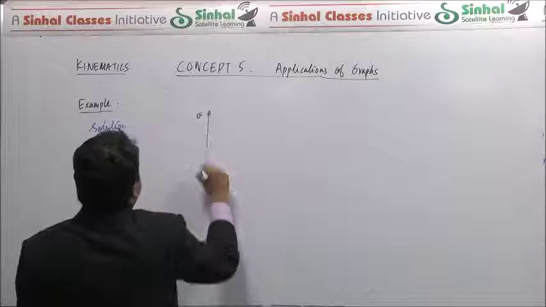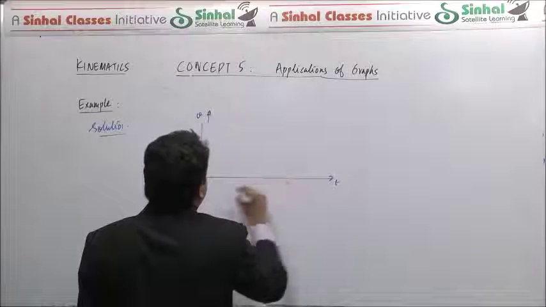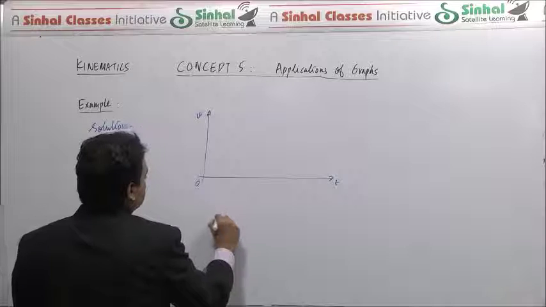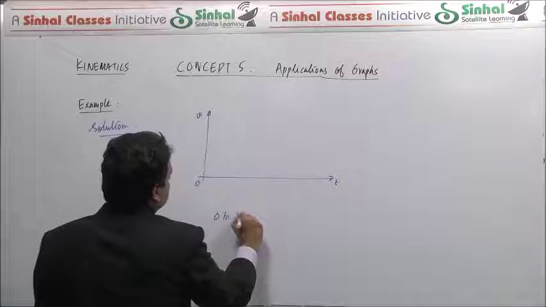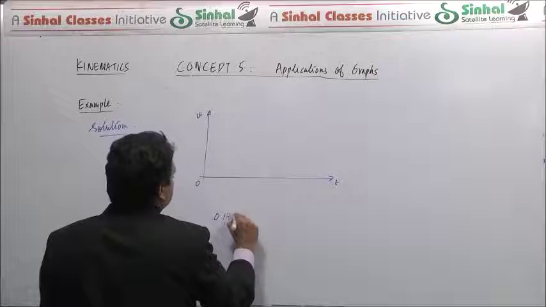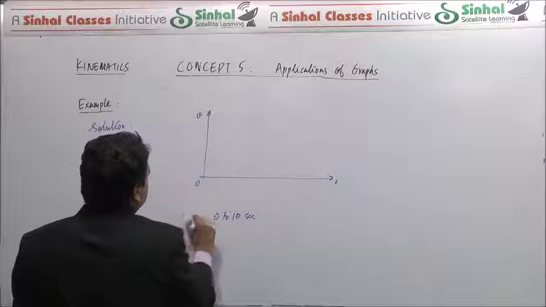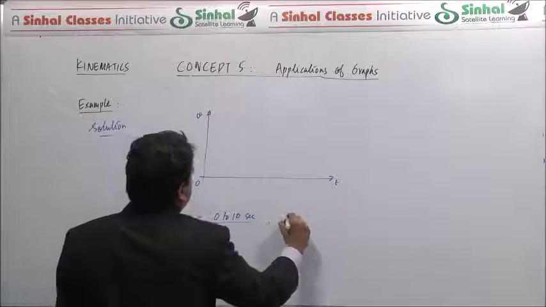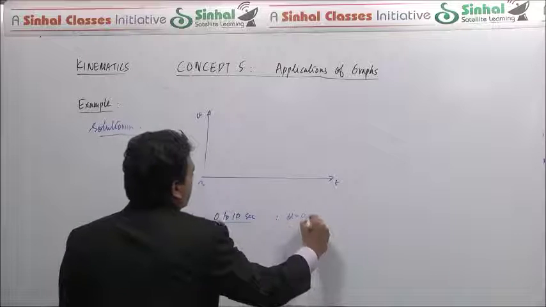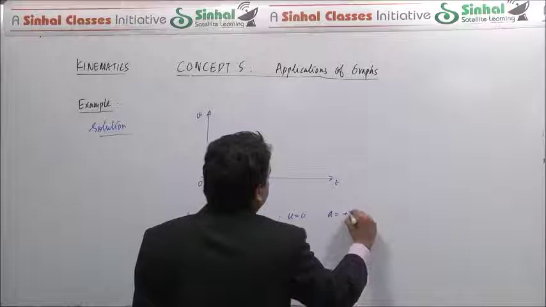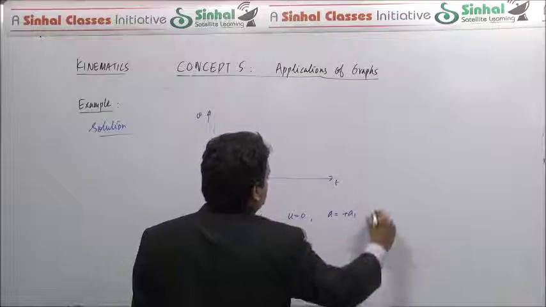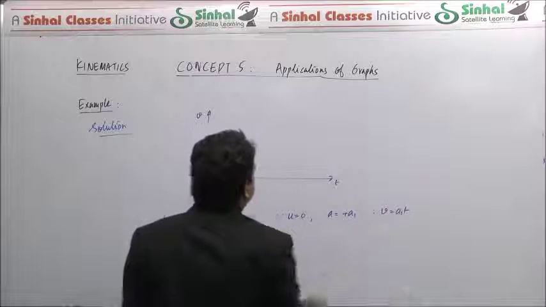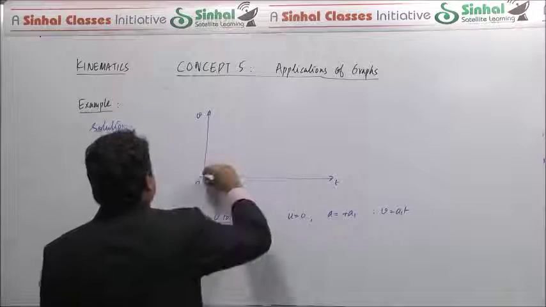So if you look at a velocity versus time graph, from 0 to 10 seconds, the initial velocity is 0 and a is equal to plus a1. So velocity will be a1t, a straight line, like this.